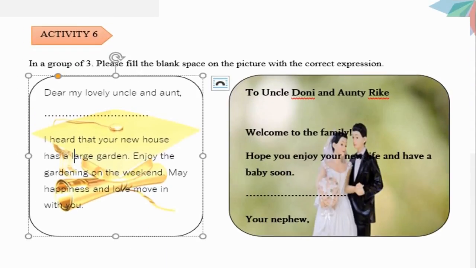The next one: after the students are able to classify some expressions used in a greeting card, we can ask our students to apply some expressions in the text.